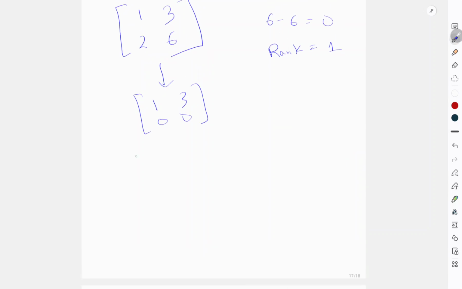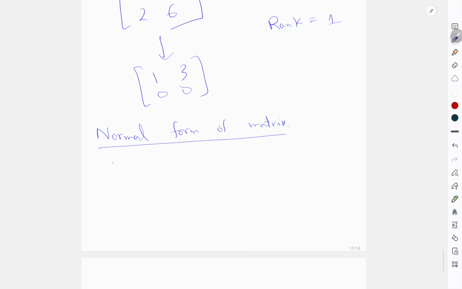Now, the normal form of a matrix. What is this normal form?